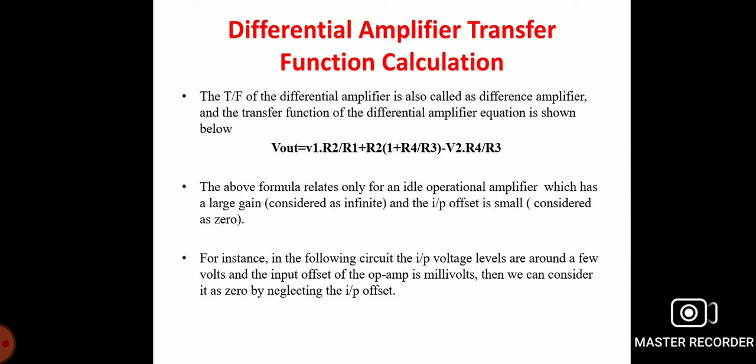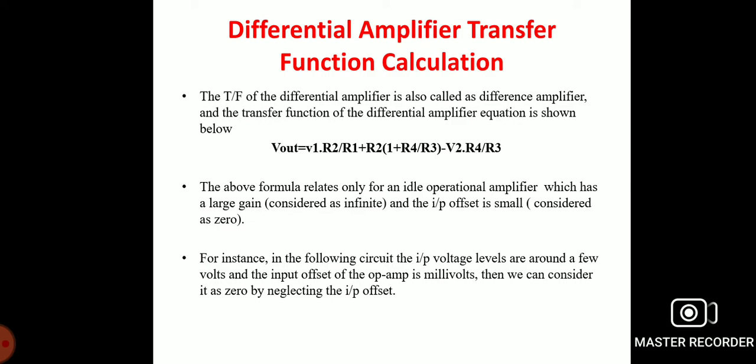The above formula is valid only for an ideal operational amplifier, which has a large gain and a small input offset. In low frequency circuits, the input voltage levels are around a few volts and the input offset of an operational amplifier is in millivolts. Then we can consider it to be zero by neglecting the input offset current.